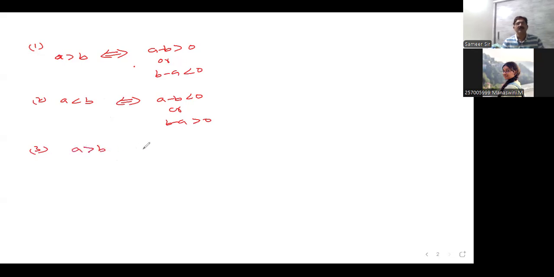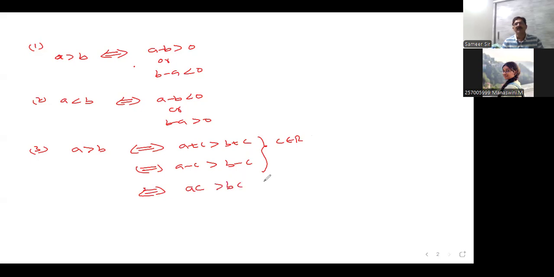See this, a greater than b means if you add anything, the inequality is not going to be affected. Even if you subtract, the inequality is not affected. Here c can be any real number. Nothing is going to be wrong. But the moment you multiply, you have to write: if c is greater than 0, and even if you divide, the inequality is not changed.